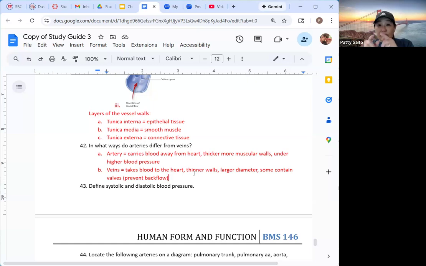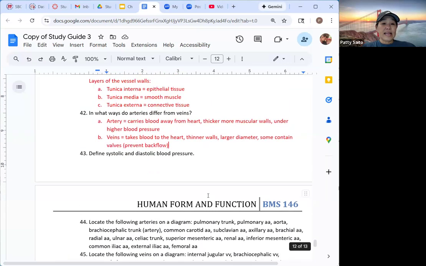How do you tell the difference? You could feel it. The femoral artery, because it's more muscular, will be like a tube, whereas the femoral vein, which is less muscular, will be more collapsible. You could kind of squish it a little bit, and it's usually a little wider in diameter. Also, they're a little darker in color too.